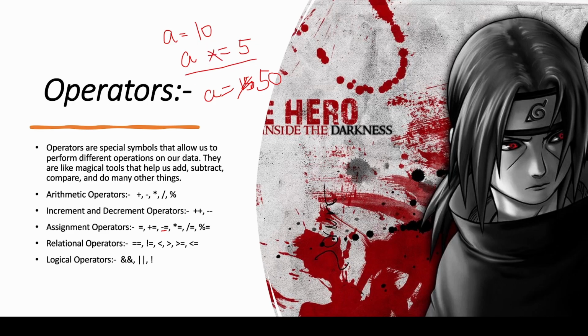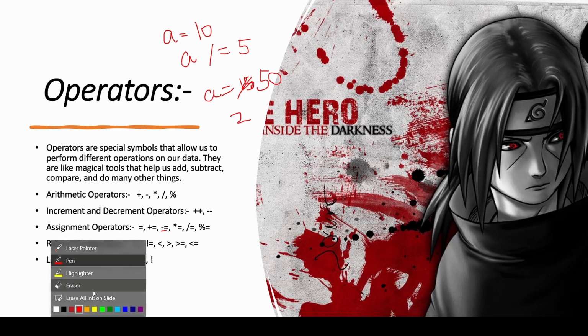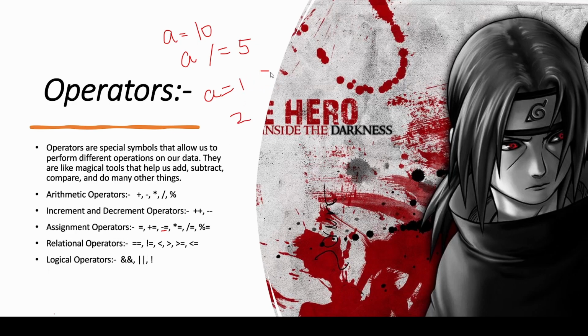If I take divide here, then the answer would be 2. As you all know, 10 divided by 5 would be 2. So the value of a will be 2.